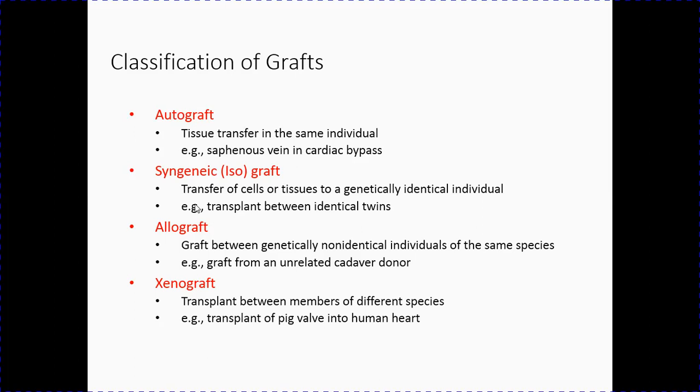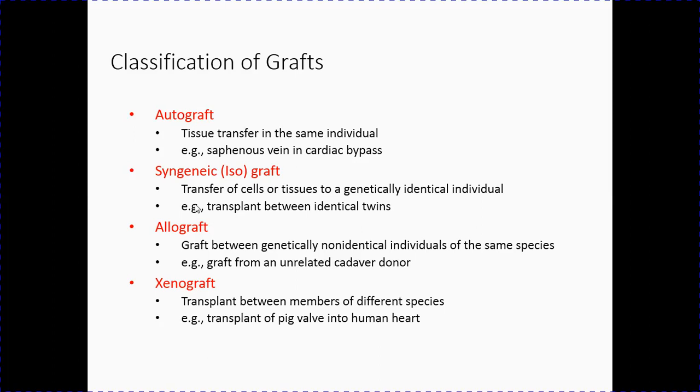But there are also transplants between members of different species, like pig valves in humans, and those are called xenografts. And for both xenografts and allografts, the process by which the rejection of the grafted tissue happens is really by something that we term allorecognition.